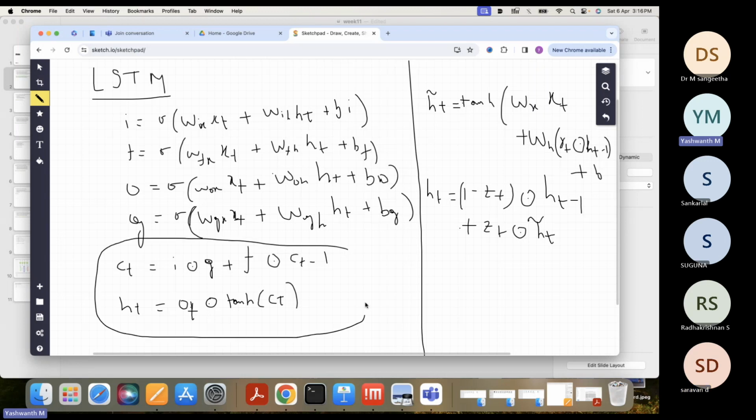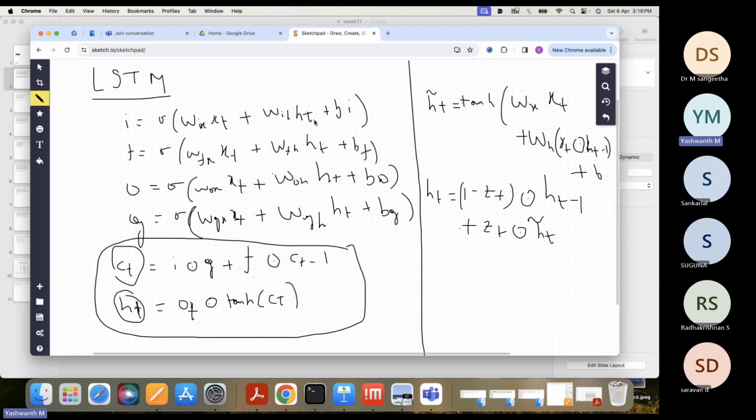There you had only one HT that is propagating from one cell to another cell, but here you have two states, cell state and hidden state, that keep propagating from one state to another.